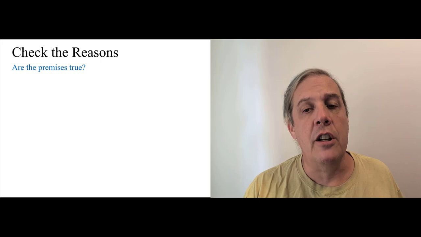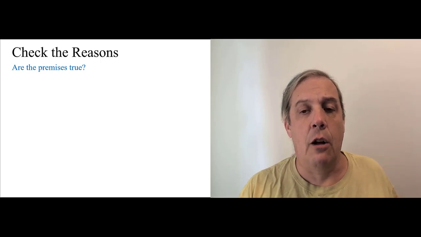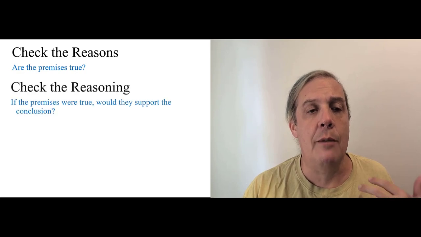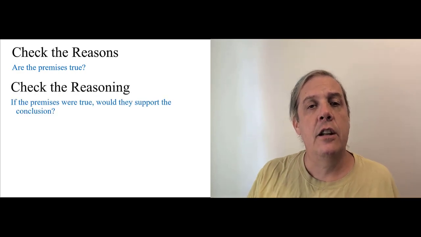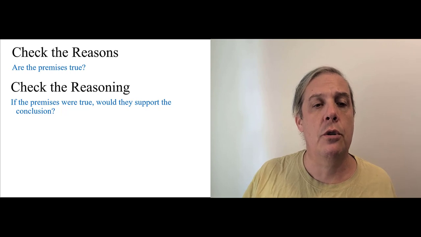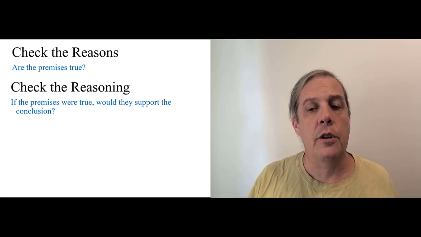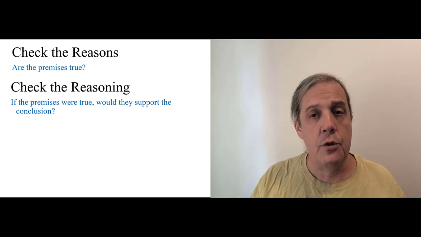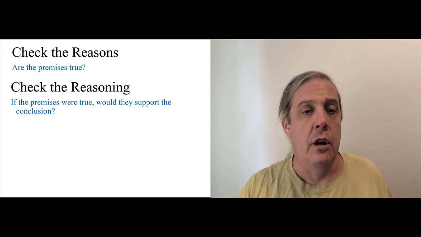So basically, when you're just looking at the argument itself, there are 2 questions you should ask. Are the premises true? And if the premises were true, would they support the conclusion? So you need to check the reasons. Are the premises true? Then check the conclusion. Check the reasoning.